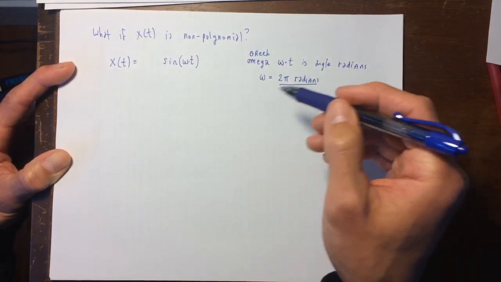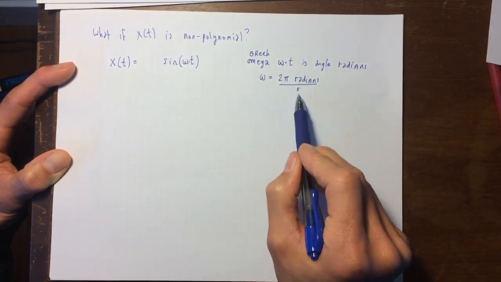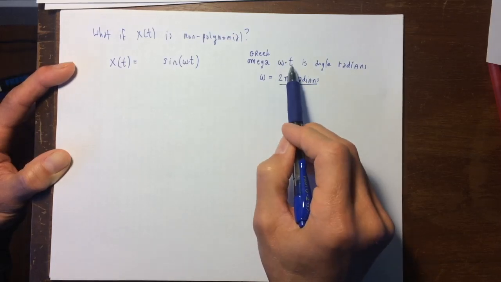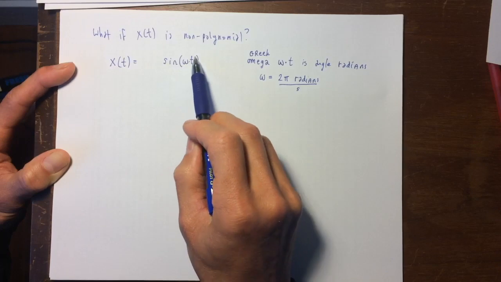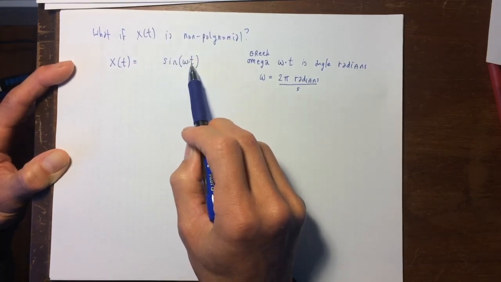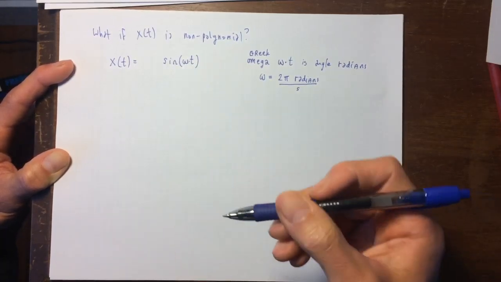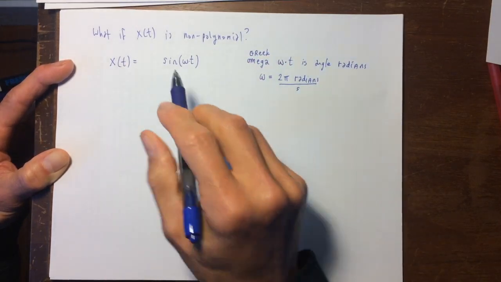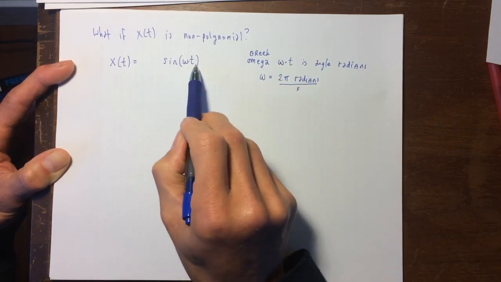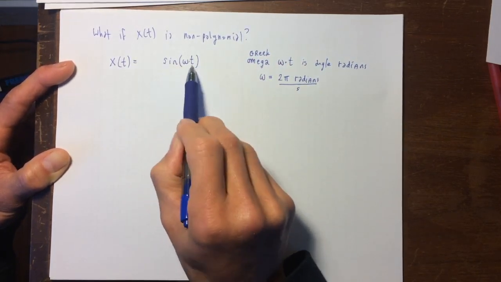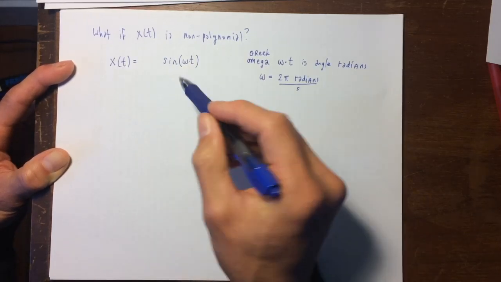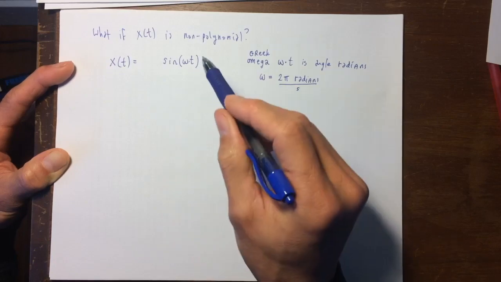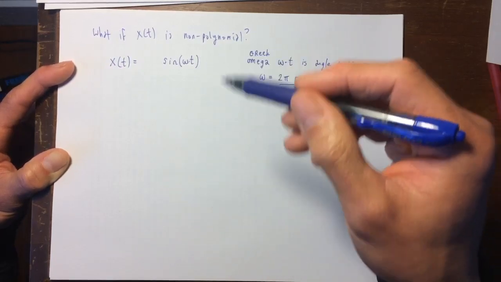So you can see that if omega is angle per time, then angle per time times time is going to give an angle. And sine functions, they only evaluate on angles. Okay, but whenever you take the sine of any angle, the sine of any angle has no dimensions. It goes between +1 and -1, just back and forth.